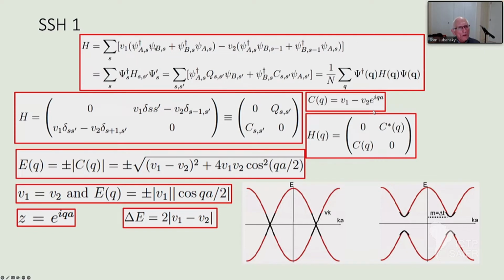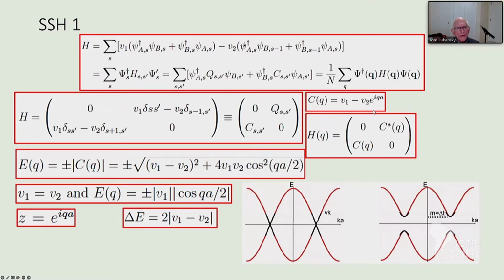Notice that this is on the same site, but a given A site can communicate with a B on both sides, and a given B site can communicate with an A on both sides. And then we have the V2, which I've arbitrarily assigned a negative sign. You can do that with electronic things, not so much with phonon type stuff.